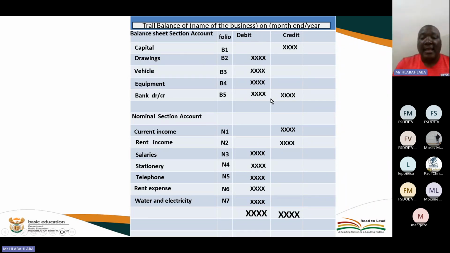But remember this, the total balance at the bottom must be the same. I hope this one is clear, learners. It must be the same. And this format, you must at least try to practice it as it is. I can guarantee you that you will get the total here.